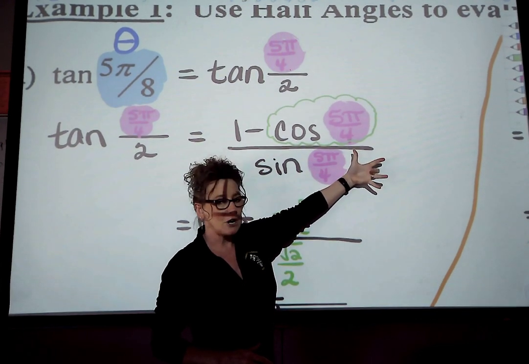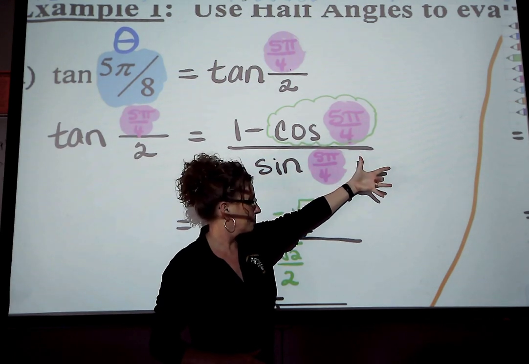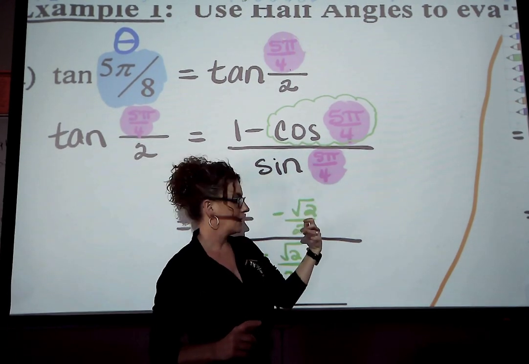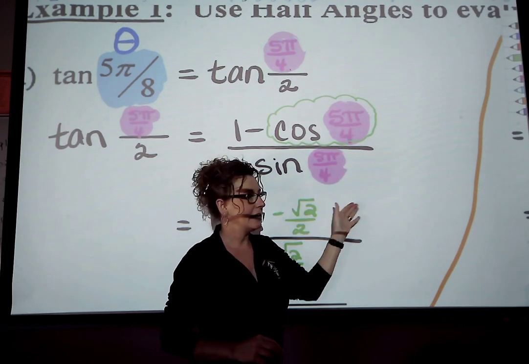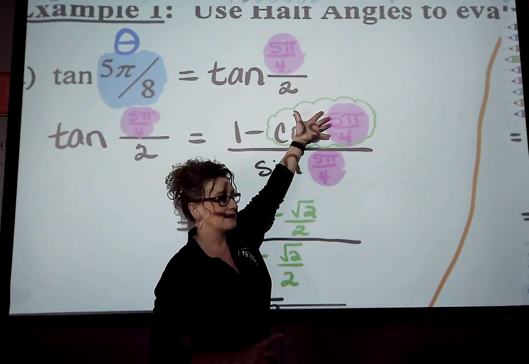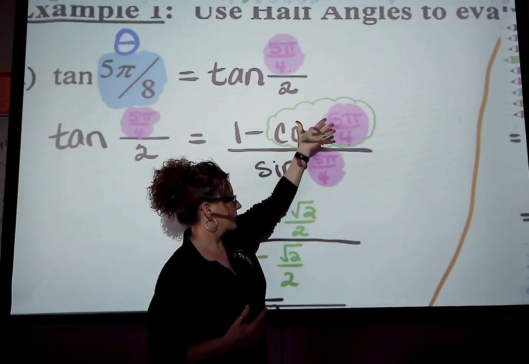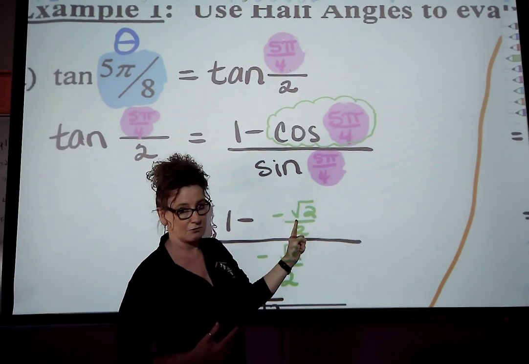My cosine fraction for pi over 4 is radical 2 over 2. However, this is in quadrant 3, ASTC. This cosine fraction that I sub into my formula ought to be negative because it's in quadrant 3.